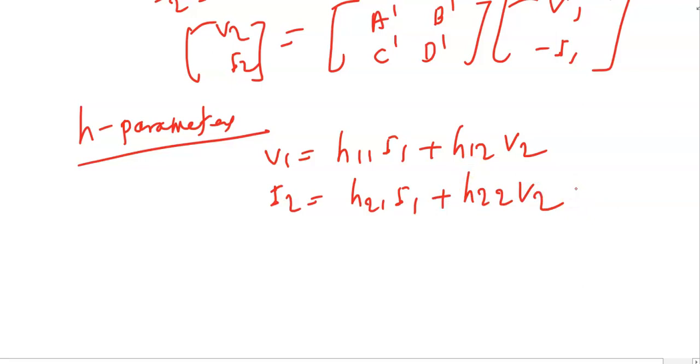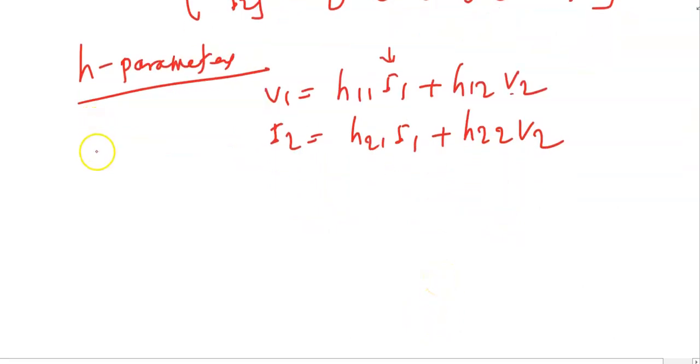That means one port is short circuited, that is when you make V2 equal to 0, that is output shorted, you find H11 and H21, and when input is open circuit, that is I1 is 0, then you get the other two parameters, H12 and H22.